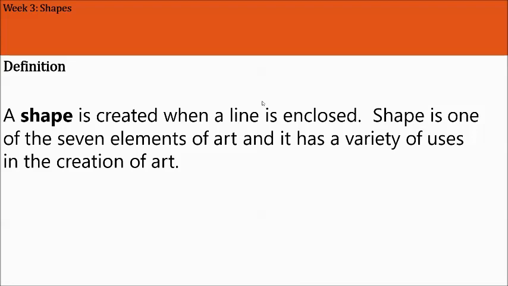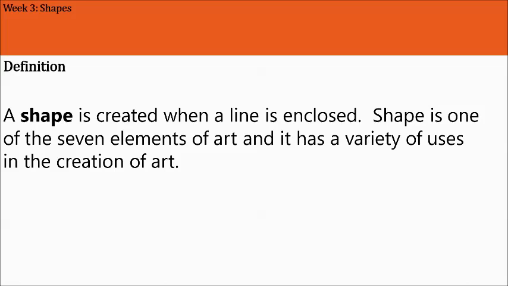So, meaning a shape is created with a series of lines, okay? And those lines, whether it is a straight line, an arc, a polygon, for that matter, it is considered a shape, okay?